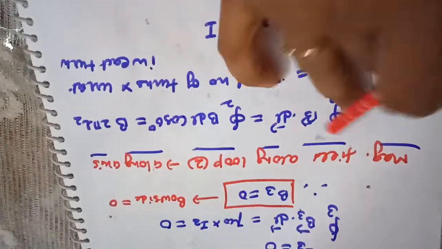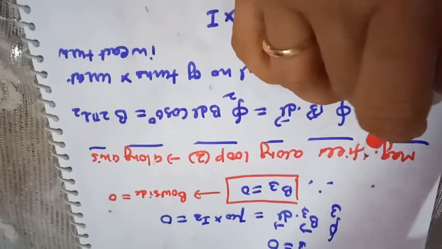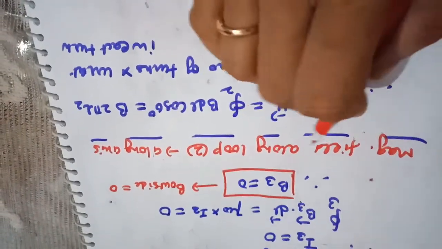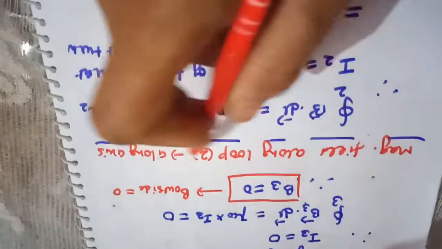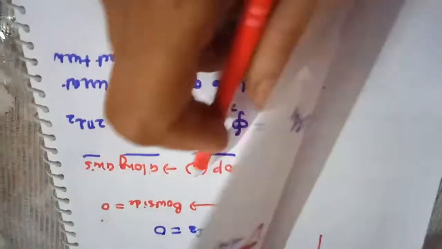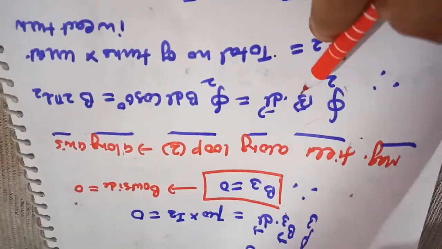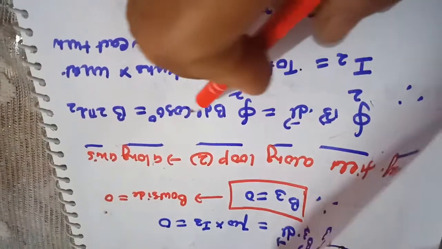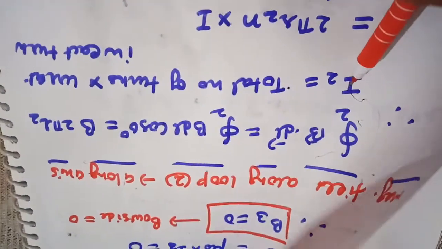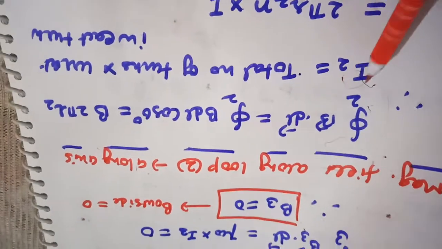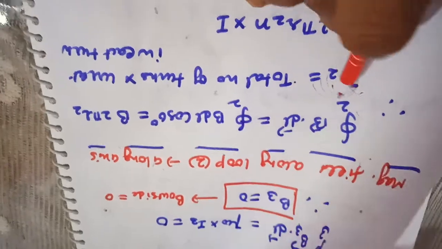Now come to the magnetic field along loop 2. Here we have seen that the magnetic field along the loop exists and it is along the axis of the solenoid. So closed integral B dot dl cos 0 degree, B 2 pi r2. Now I2 is the current flowing along the axis of the solenoid.